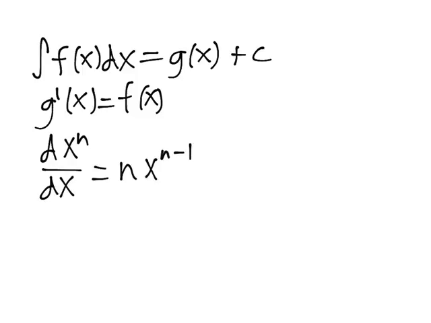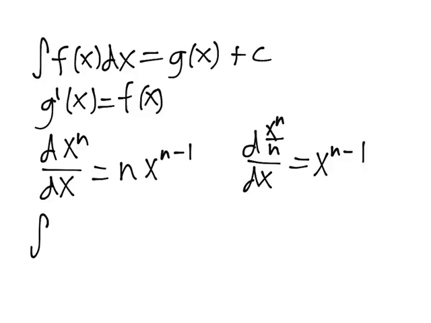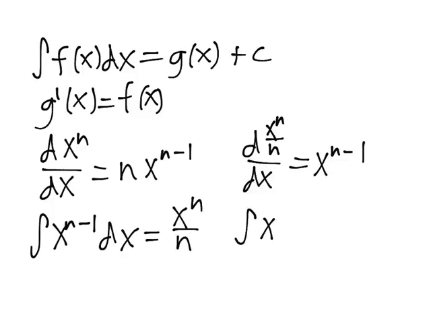So if we divide both sides of this equation by n, we get d/dx of x to the n over n is equal to x to the n minus 1, which we can now rewrite in this new notation as the integral of x to the n minus 1 dx is equal to x to the n over n. Or it's probably better to write the integral of x to the n dx is equal to x to the n plus 1 over n plus 1, by replacing n with n plus 1.